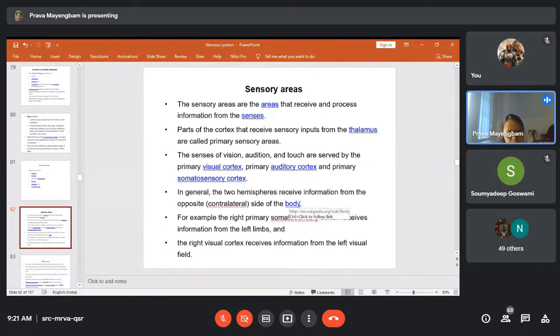For example, the right primary somatosensory cortex receives information from the left limbs, and the right visual cortex receives information from the left visual field. Are you aware of this visual field? Do you know what this visual field is?